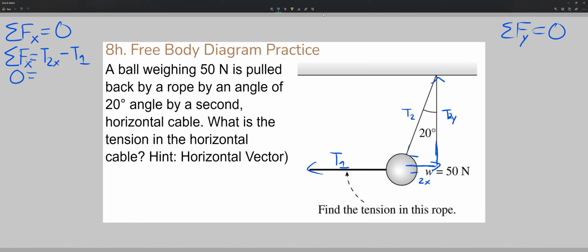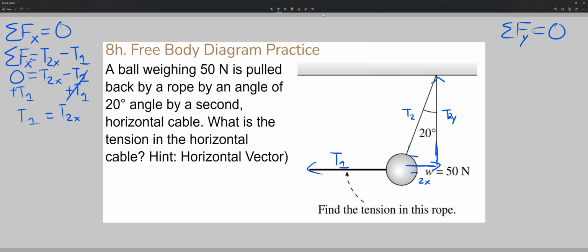If we solve this, we'll see that the tension along the first cable is equal to my tension along the second rope in the x direction. The cable is in equilibrium, which means the forces in the x direction are balanced.